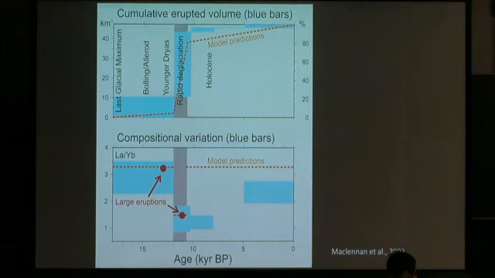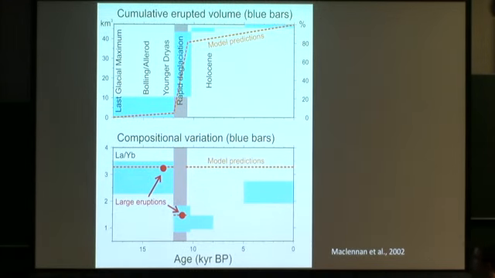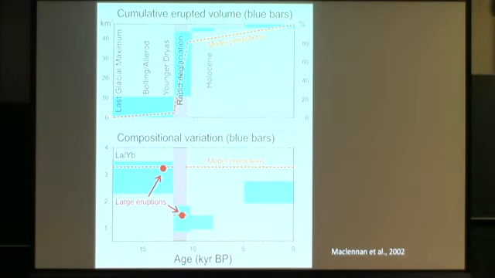And it's possible to make predictions from such models for how you'd expect the volcanic productivity to change, if the volcanic productivity exactly matches the mantle melting productivity. And that looks something like this. You can also predict what you'd expect for shifts in the geochemistry.